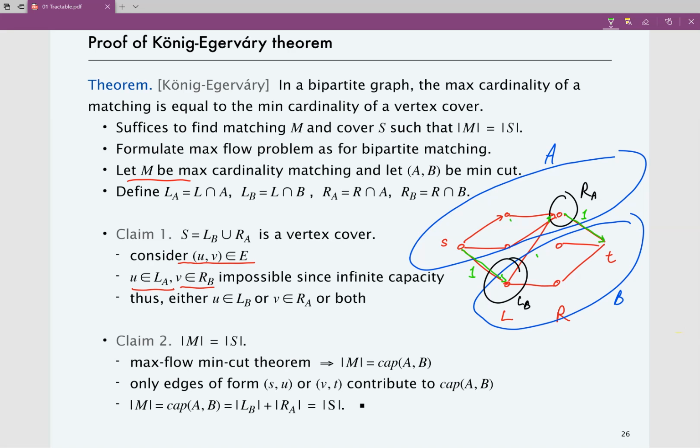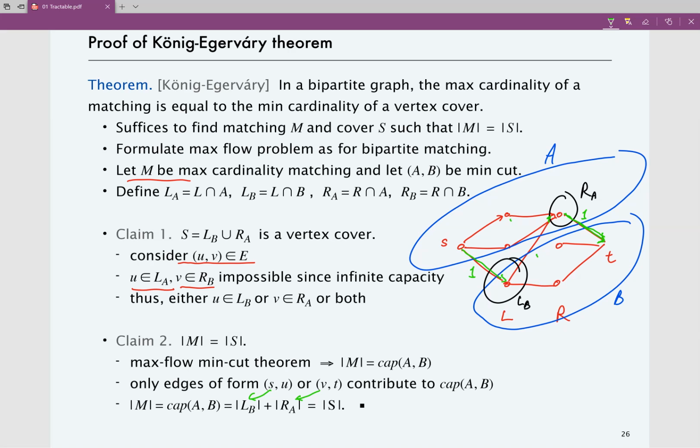Okay, and how many such edges are there? Well, we have LB nodes on the left, so the edges of the form SU contribute LB. And the edges of the form VT contribute RA, since we have RA of these nodes, and each one of them contributes a capacity of 1 to the cut.